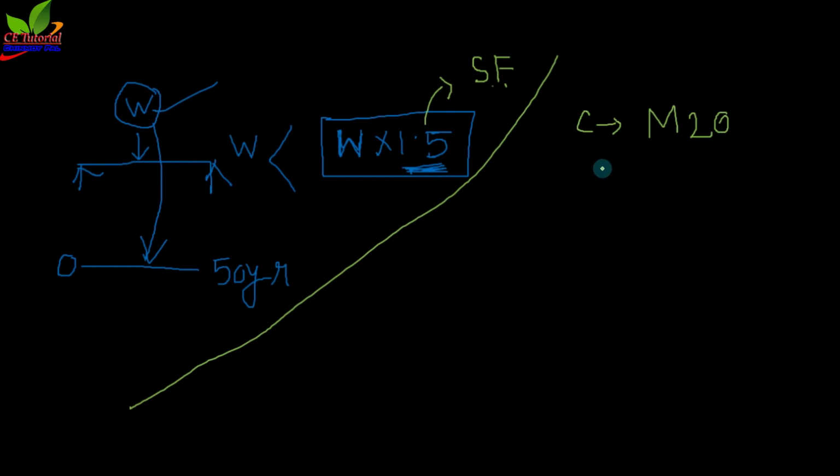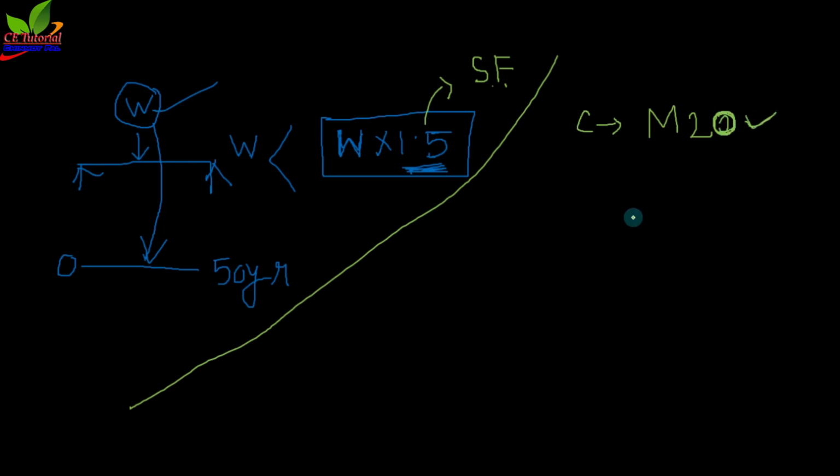Now we have to apply the factor of safety on the material. So should I assume the material strength is greater than the actual one or less than the actual one? Should I increase the strength or decrease the strength?